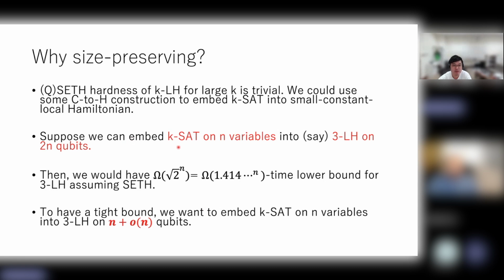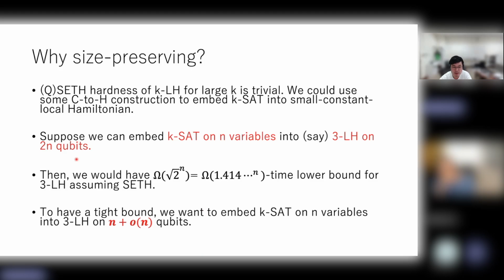Suppose that we succeed in embedding QSETH on n variables into the 3-local Hamiltonian problem on 2n qubits. Then a square root of 2 to the n, or 2 to the n over 2, time algorithm for the 3-local Hamiltonian problem implies a 2 to the n time algorithm for QSETH, because of this size overhead. And the lower bound would be weak.